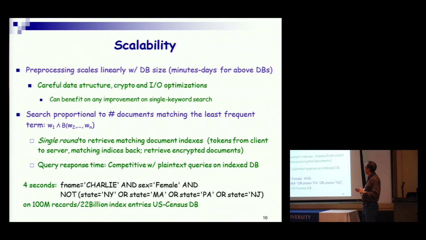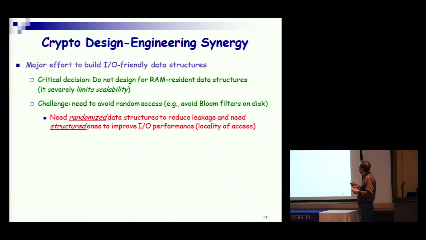It's competitive. Here I just chose one example: in a 100 million record database with 22 billion index entries, a query like first name equals Charlie, sex female, and not any of these states, took 4 seconds. And so, at least in absolute terms, it is a reasonable time.